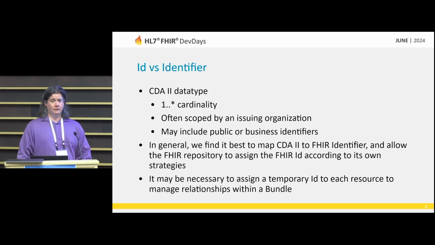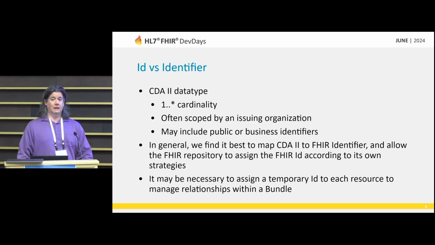So due to these characteristics, we found that the best practice in general is to map these identifiers onto the FHIR identifier data type, which also allows a list, allows for scoping by the issuing organization. And then we simply allow the FHIR repository to assign an ID, which is a meaningless local identifier, according to whatever its own business rules are. We generally find that gives the best results, but it does bring with it a few complications.